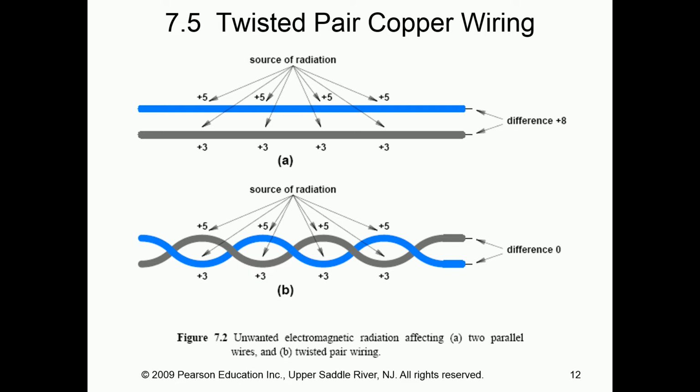Versus figure B, if they're twisted, there is no difference. If we match up the blue cable on the bottom, for example, +3, +5, +3, +5, and then we add up the gray, +5, +3, +5, +3, there is no difference, which means they are less susceptible to noise.